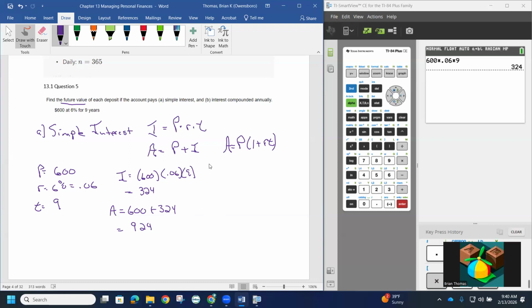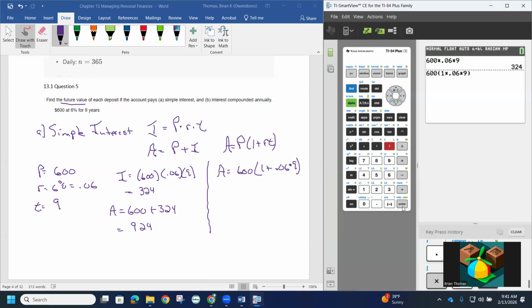Now, we also could use this formula to find the final amount involving simple interest. We could say A equals P, which is 600, times 1 plus 0.06, our rate of interest, times the time, which is 9, and then close parenthesis. If I put that in my calculator, that should give me my final amount in one big formula. So 600 times, in parentheses, 1 plus 0.06 times 9.